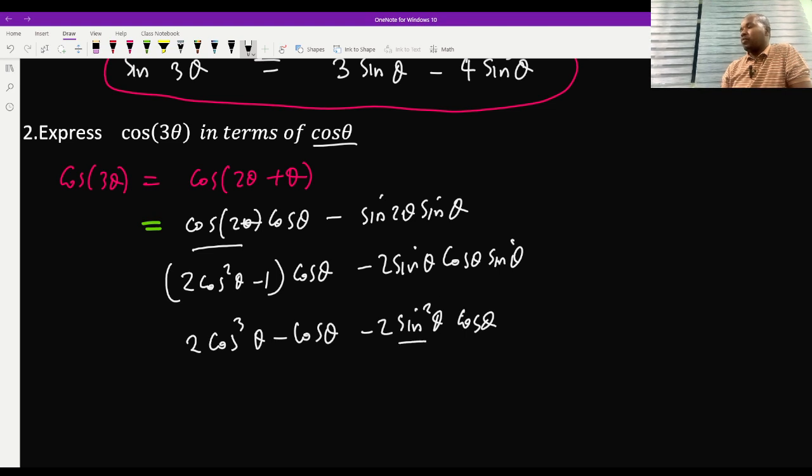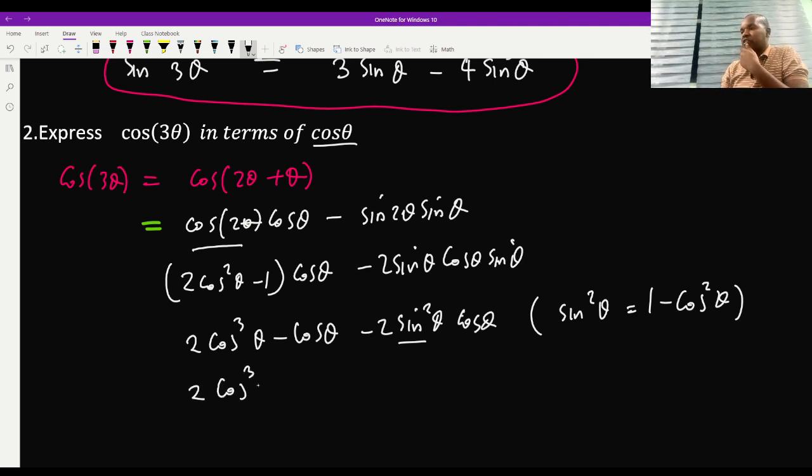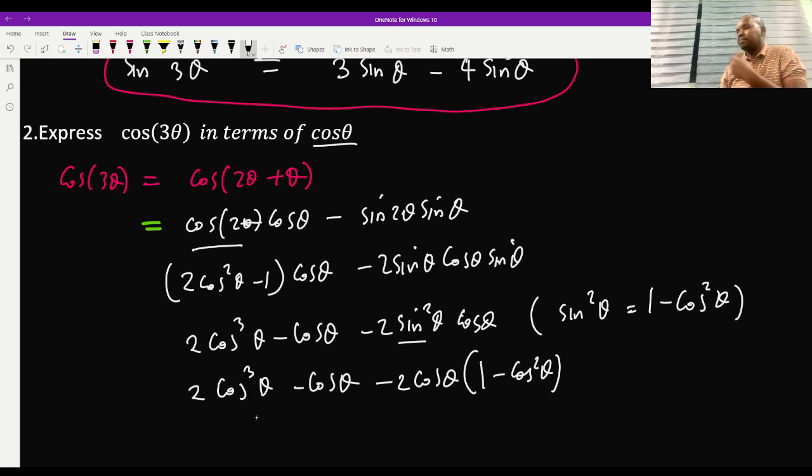But we know that sine square theta is 1 minus cos squared theta. So we'll be having this expression: 2 cos cubic theta minus cos theta minus 2 cos theta multiplied by 1 minus cos squared theta.